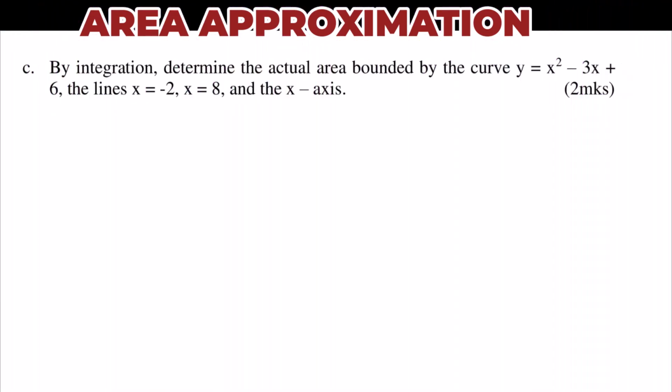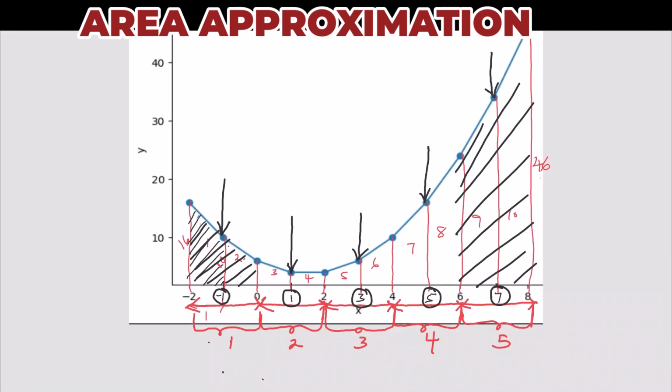By integration, determine the actual area. Now, you need to understand this, that the actual area is the area given by integration. Integration gives the actual area. So, how are we going to integrate this? When you're integrating, you need to be very keen. In some instances, you need to integrate twice, especially if you find there's an area that is above the x-axis and the other one is below the x-axis.